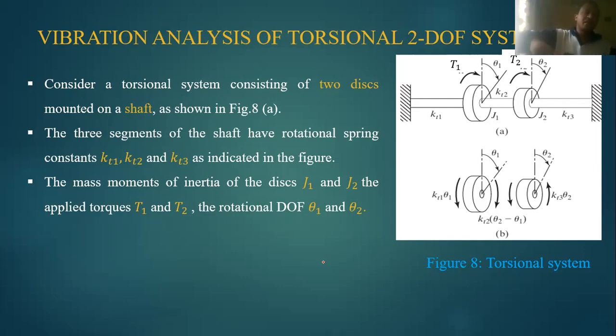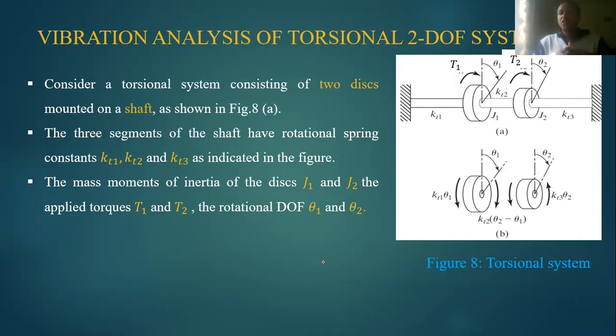Rather than linear deflection x, we use the torsional twisting angle theta. So if any number of discs are connected to the shaft, that indicates any number of degree of freedom system under torsional motion.